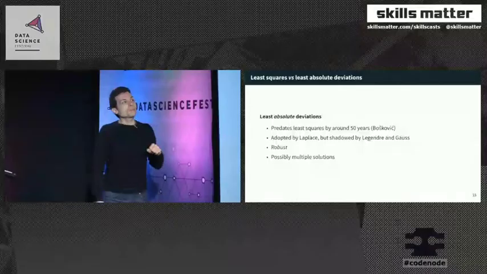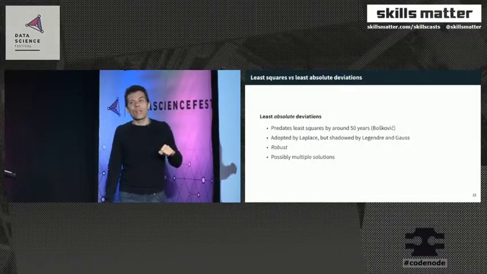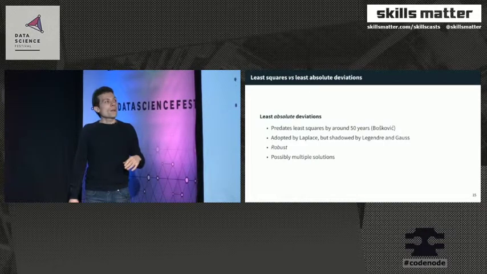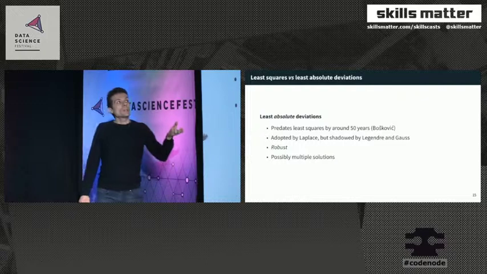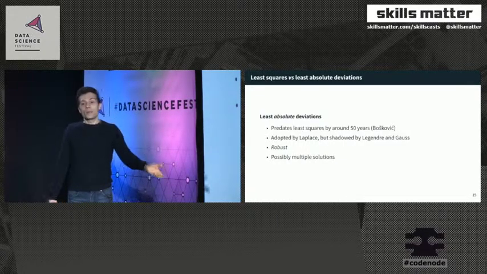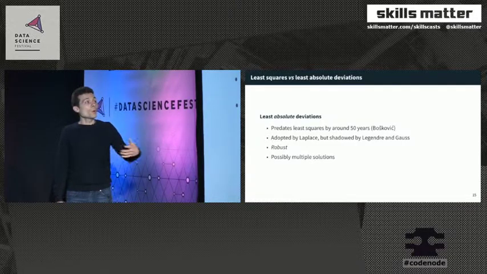We could, yeah. You could minimize absolute residuals. Why not? And surprisingly enough, that predates least squares by around 50 years. There was that guy Boscovich, a Czech, I think, mathematician, who around 50 years before Gauss proposed to minimize the absolute deviation, so the absolute residuals, instead of the squares.